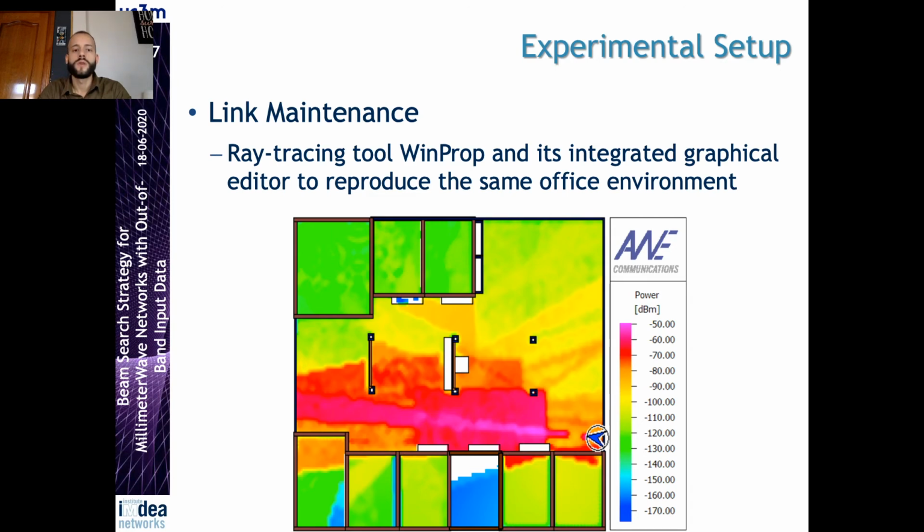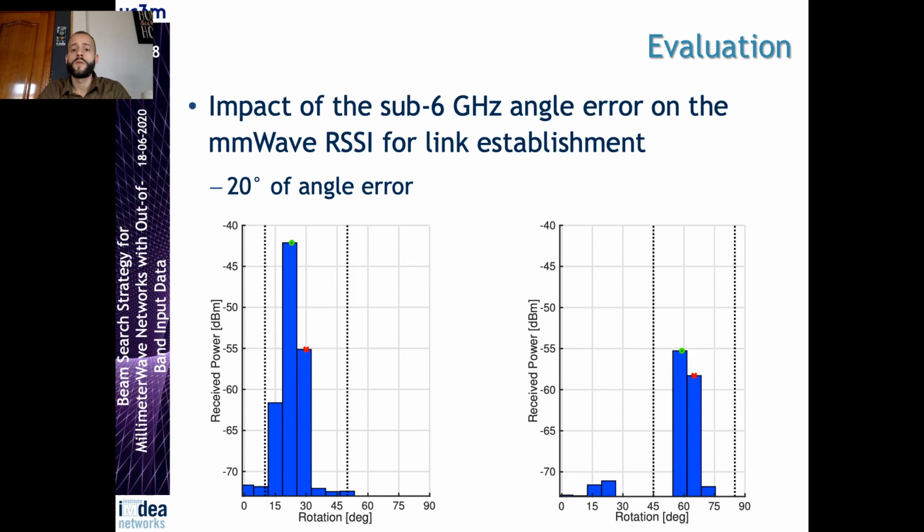Then we go to the evaluation, and our first evaluation was about the impact of the angle error on the millimeter wave RSSI for link establishment. More specifically, here we fixed the error at around 20 degrees. As you can see in the figure, we have the received power for each rotation in degrees.